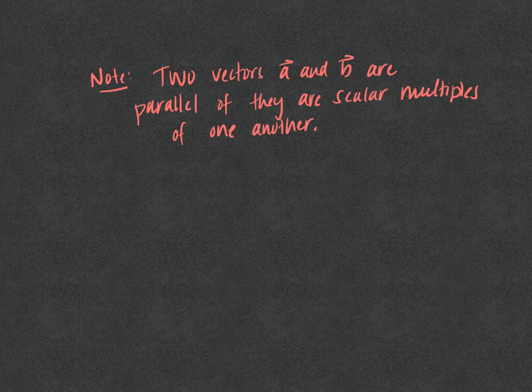Think about parallel lines. If you take one line and multiply it by any constant and you get another line, then they're parallel. So for an example, let A equal 2, 3.